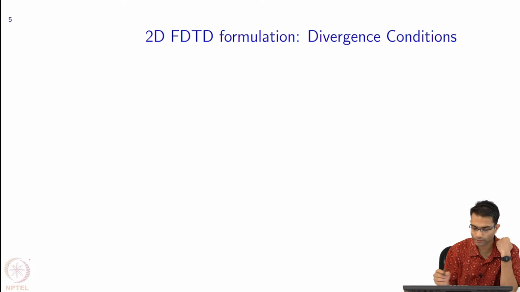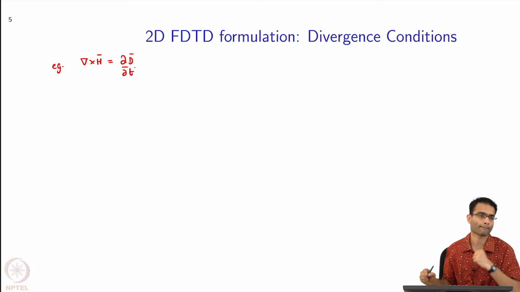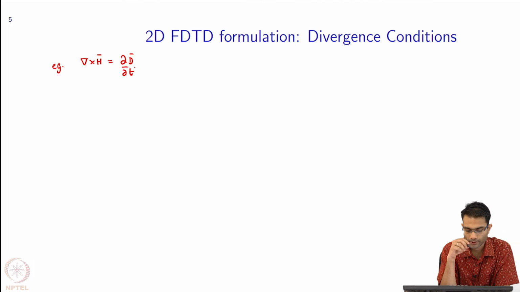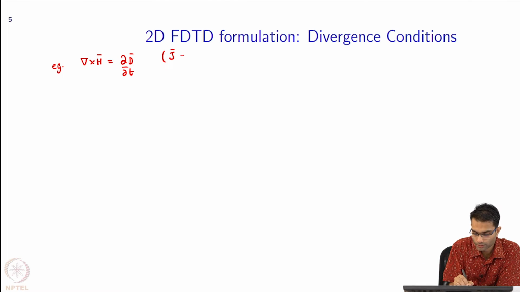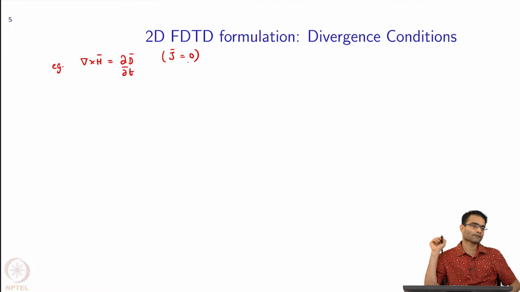So in particular, take an example of one of these equations. Curl of H is equal to dD by dt. We are assuming J is equal to 0 for now, although it's not necessary. And let's also assume a charge free situation.